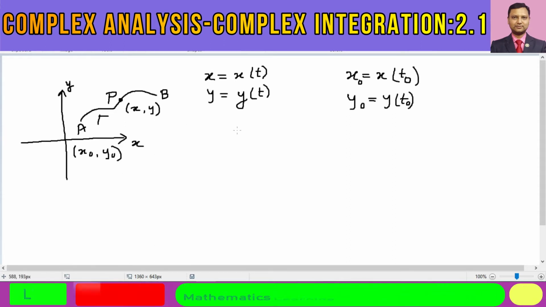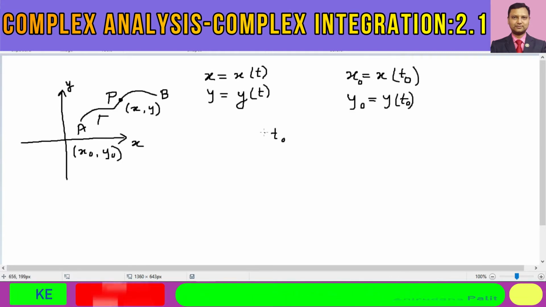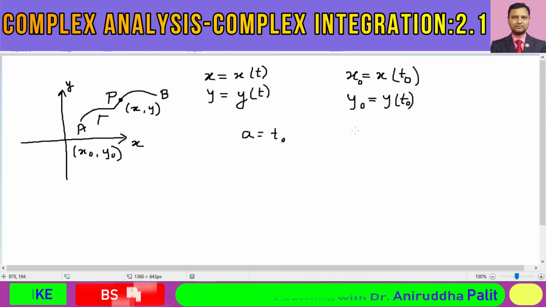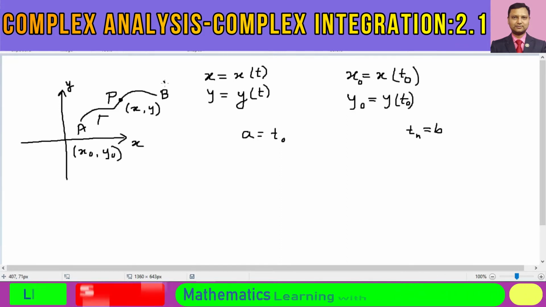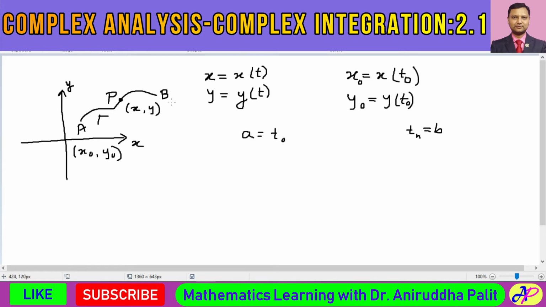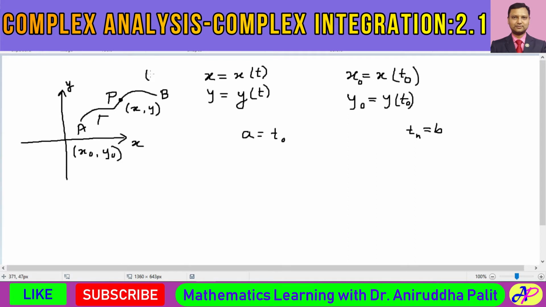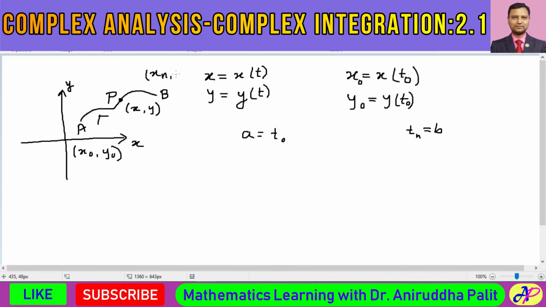And maybe you can also consider t0 equal to small a. And at the point tn, let us call it small b, we obtain this coordinate. That means this point B can have coordinates xn and yn at t equal to tn.